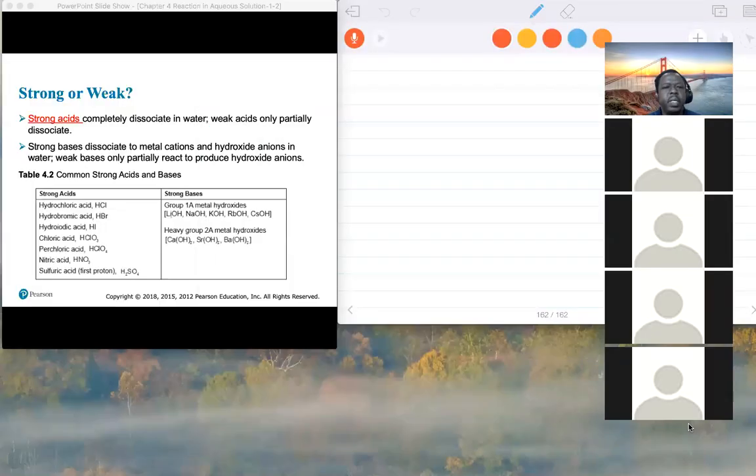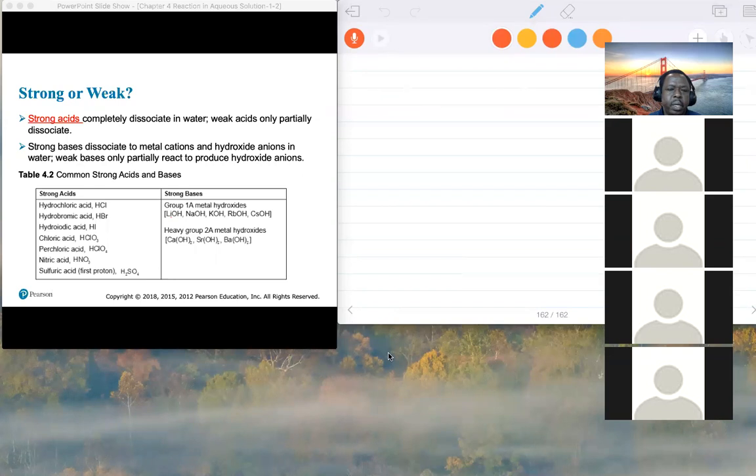And so far, we have defined what an acid is. You should know what an acid is. You should know what a base is. We discussed this last time. And we gave examples of acids and examples of bases.